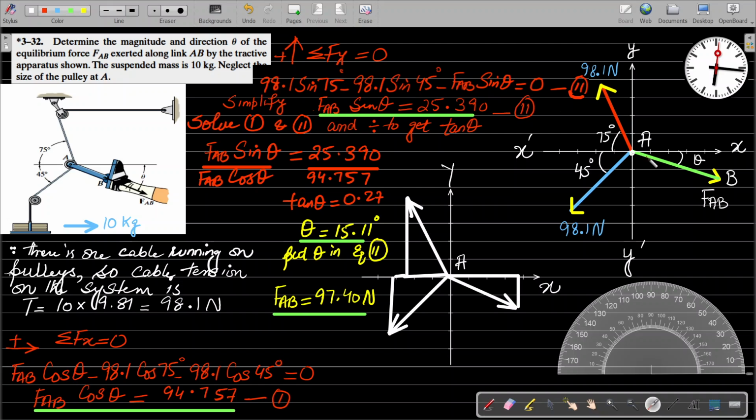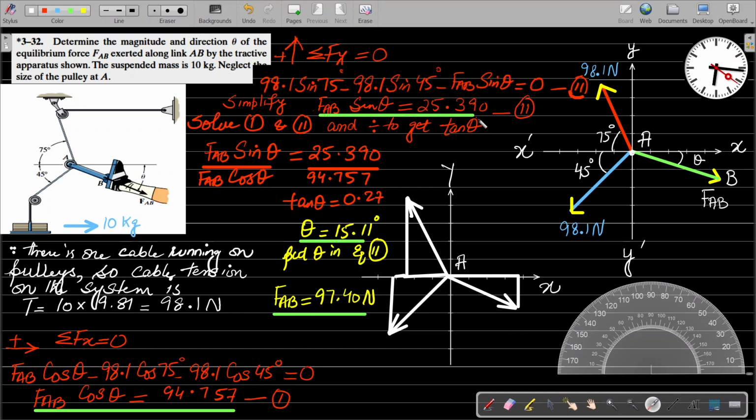Then for the main force AB, the vertical component, if you look at it, its sense is towards the negative y. So it will be FAB sine theta with a negative sign. If we simplify this equation, we get FAB sine theta equals 25.390 as equation 2.